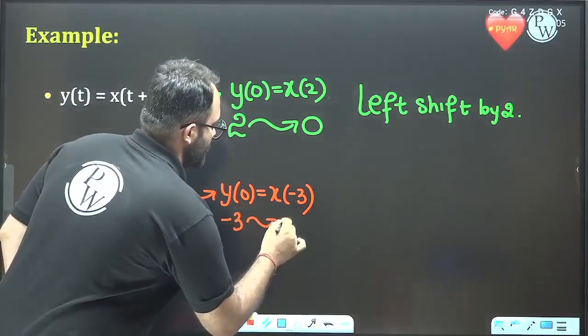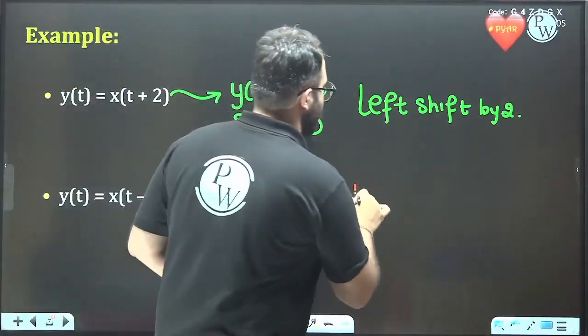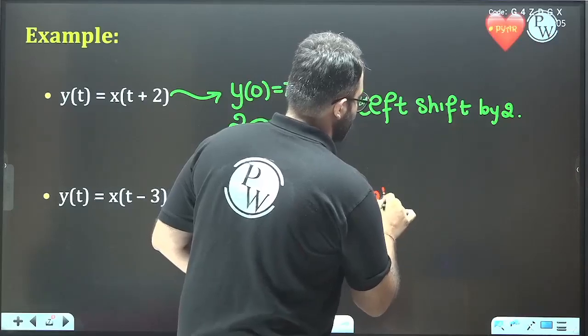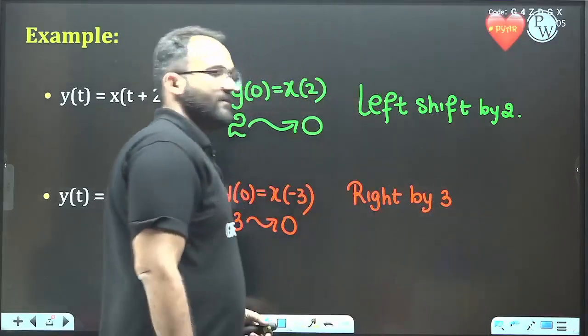Minus 3 is going to 0, so it is a right shift by 3.